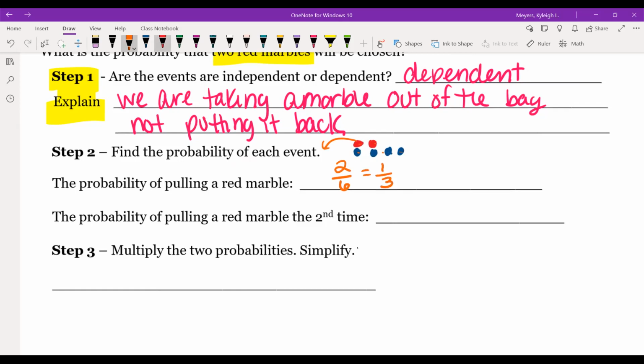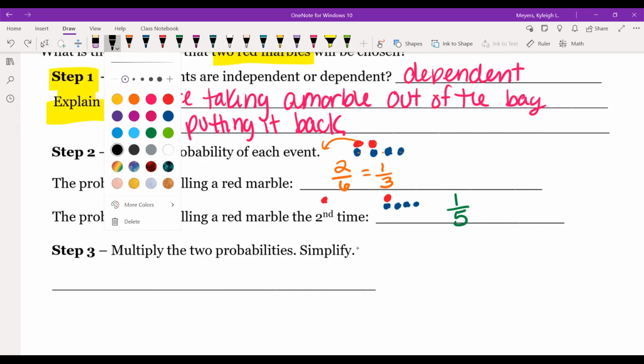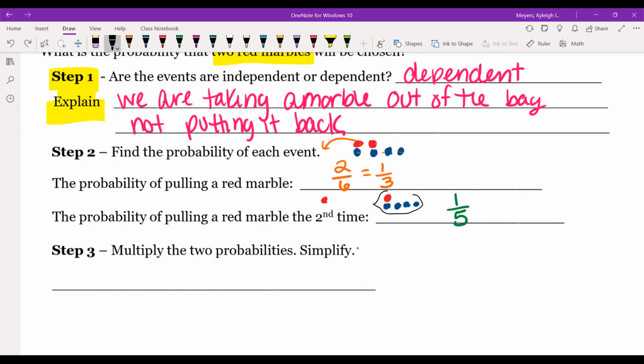Now I only have 1 red marble and 4 blue marbles left because I'm taking it out and not putting it back. So how many marbles do I have now? I only have 5 marbles, and 1 of them is red, because the other marble is out of the bag. If this was my bag, I have 1 that I already took out.